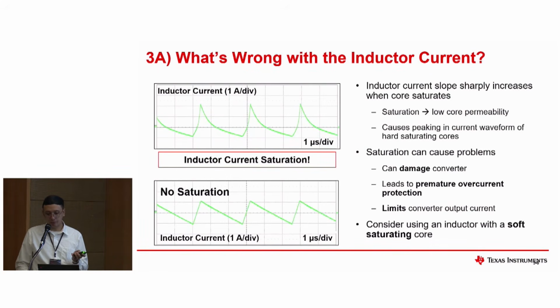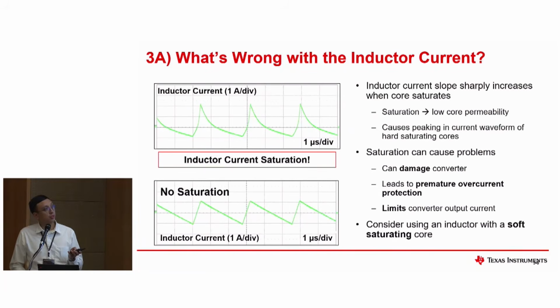Lower core permeability, you get saturation. And then there are causes of peaking in current waveforms and hard saturating cores. You have to select the right core depending on your application. Hard saturating cores are usually ferrite cores, and low saturating cores are usually metal alloy cores. To avoid this, you could consider using low saturating cores instead.